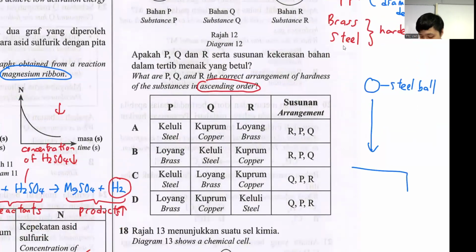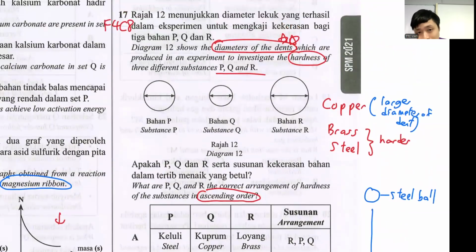If the diameter is getting very big, it means this is not a very strong, not a very hard metal. So normally copper is the weakest here. You get the largest diameter. So normally R is copper.